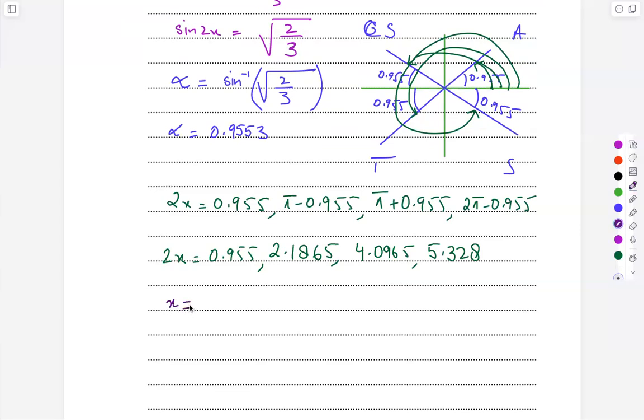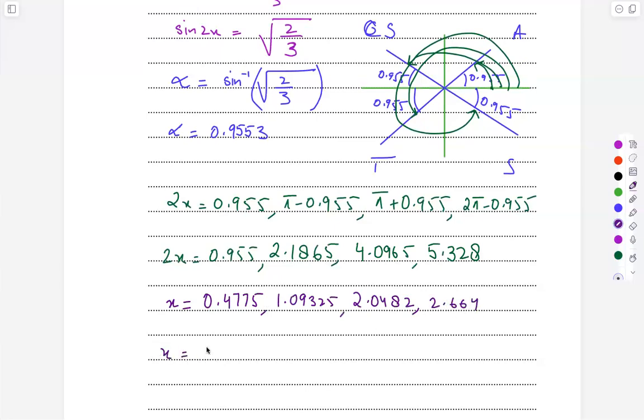So 0.955 divided by 2 is 0.4775. Then 2.1865 divided by 2 is 1.09325. 4.0965 divided by 2 is 2.048. And then 5.328 divided by 2 is equal to 2.664.